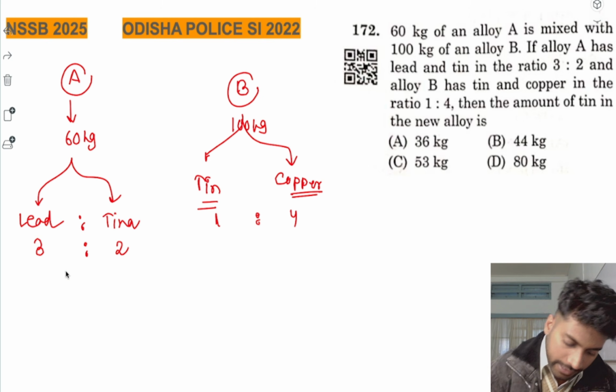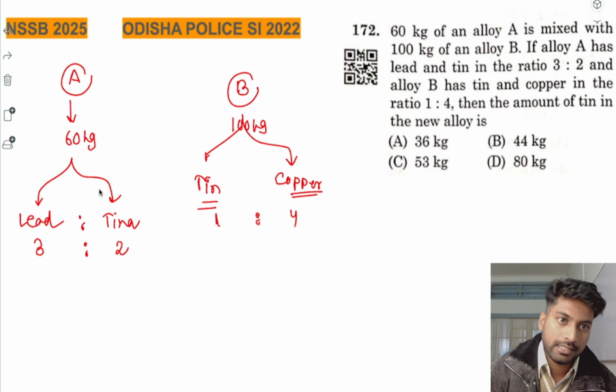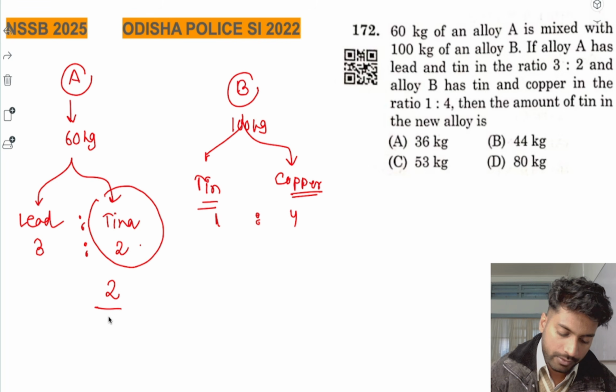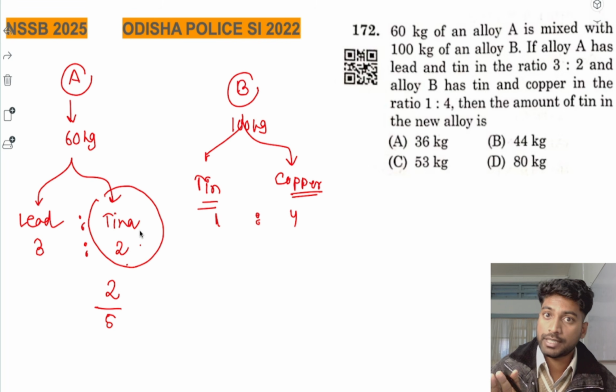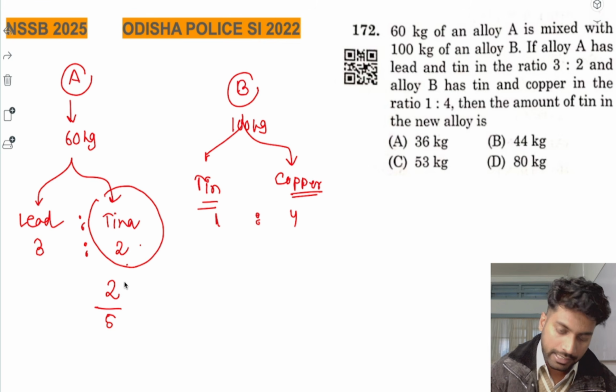In alloy A, how much tin is there? 2 ratio out of 5 ratio, because 3 and 2 make a total ratio of 5, and 2 ratios are tin, and the quantity is 60 kg.